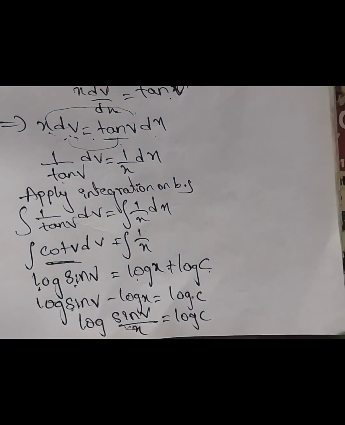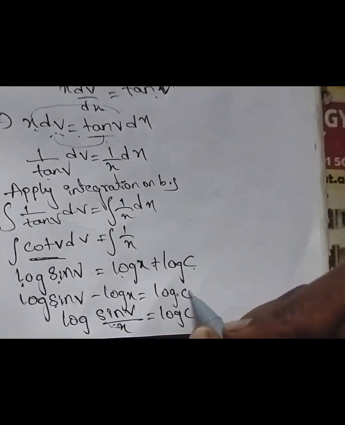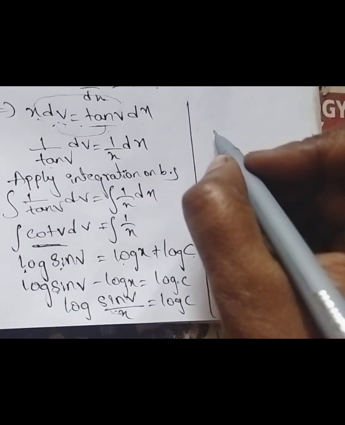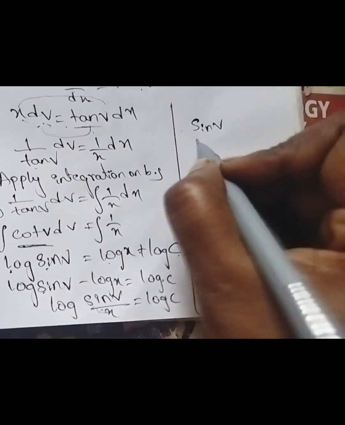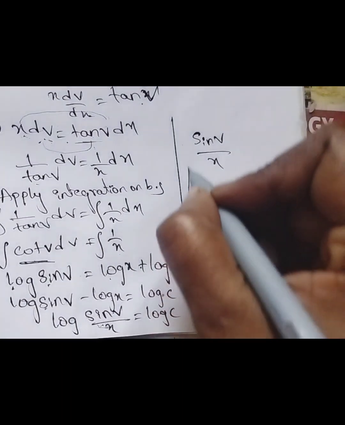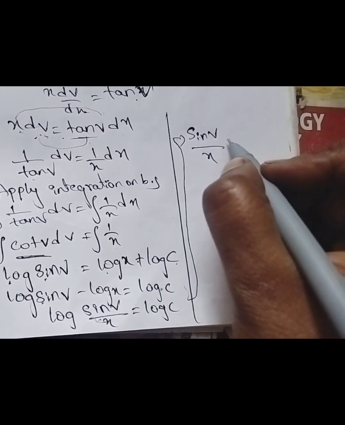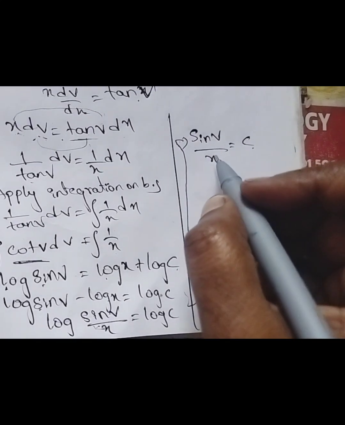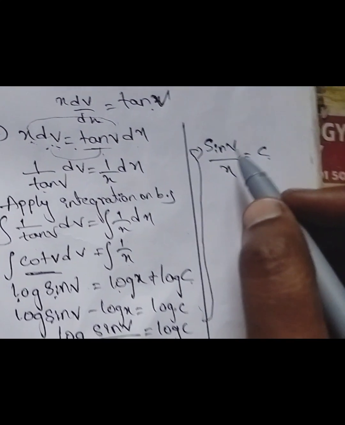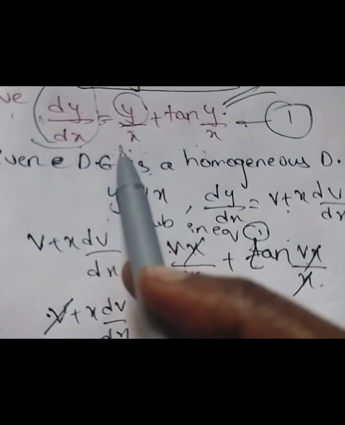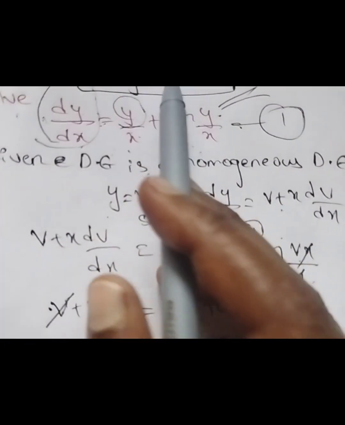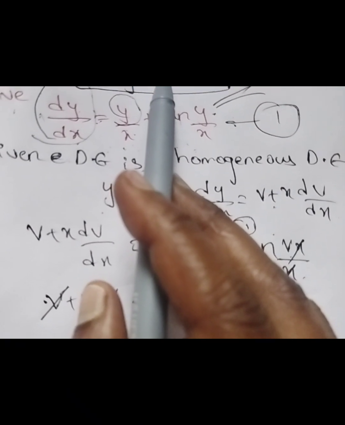Next our step is to eliminate log. So apply antilog on both sides, so that finally you get sin v by x equal to c. But this is not our final answer. We cannot say this is the final answer because our question is in the form of x and y terms, as we have discussed in the first problem.